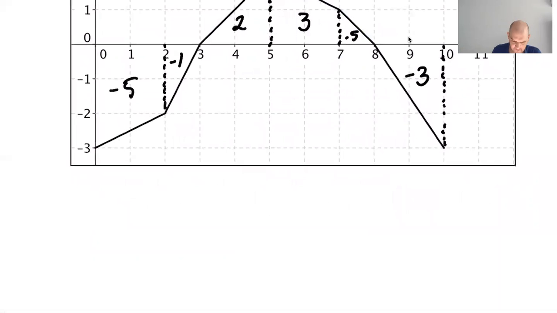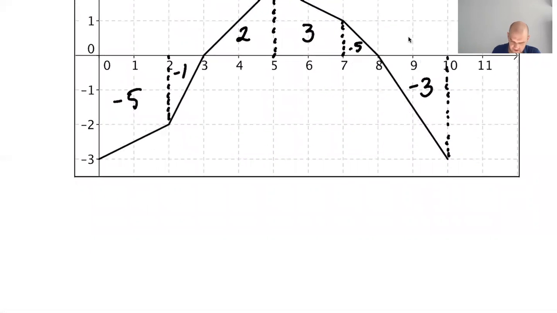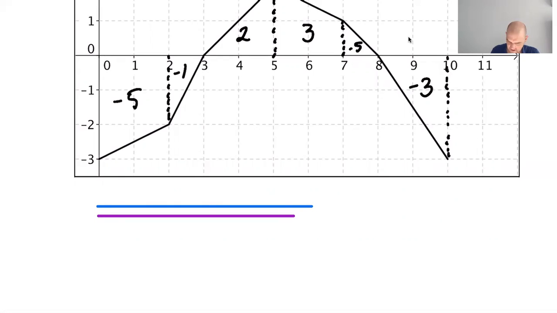Overall, that's what we're trying to do. Actually, I don't know why I'm not drawing that. So maybe you go 6 this way. Then you go 5.5 this way. And then from there, you're going to go 3 to the left again.